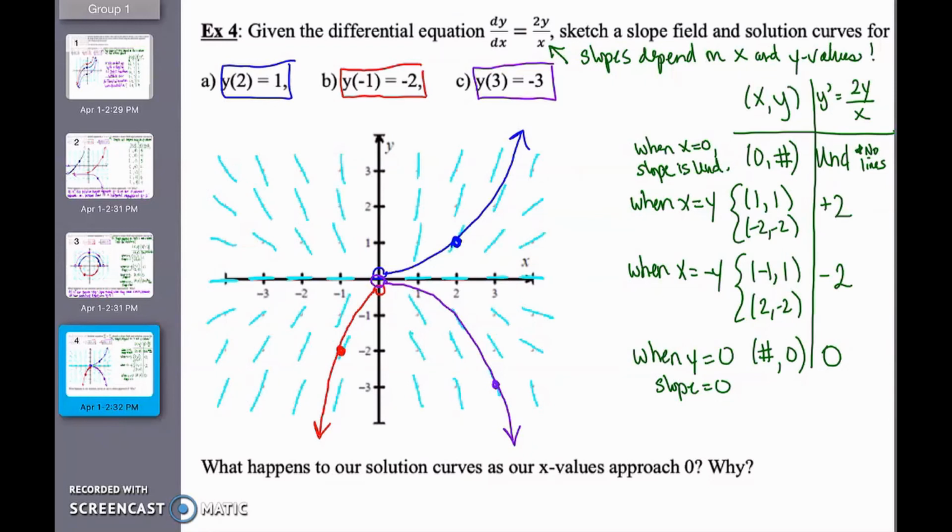All right. So now that I've sketched my 3 possible solution curves, we can answer our question, which is, what happens to our solution curves as our x values approach 0?